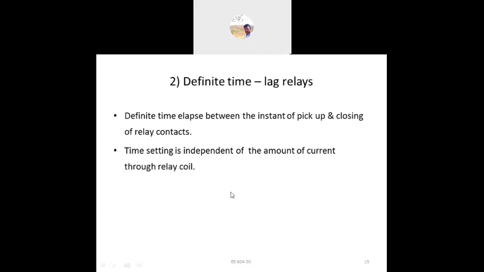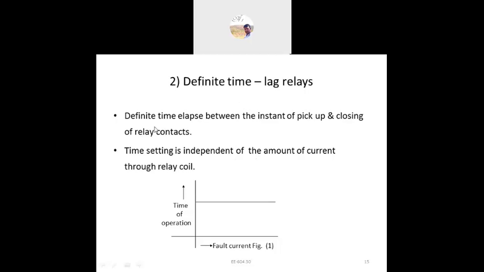Here the time setting multiplier is there. If the current exceeds a value, suppose 5 amperes flowing for 10 seconds, then the relay has to operate. This type of relay is called definite time lag.